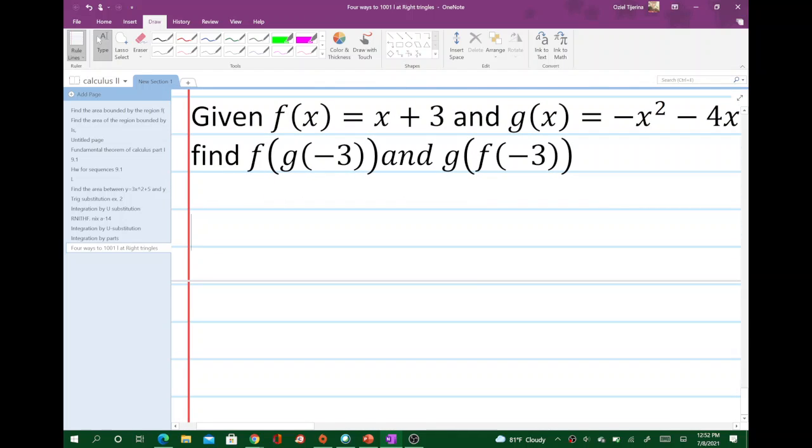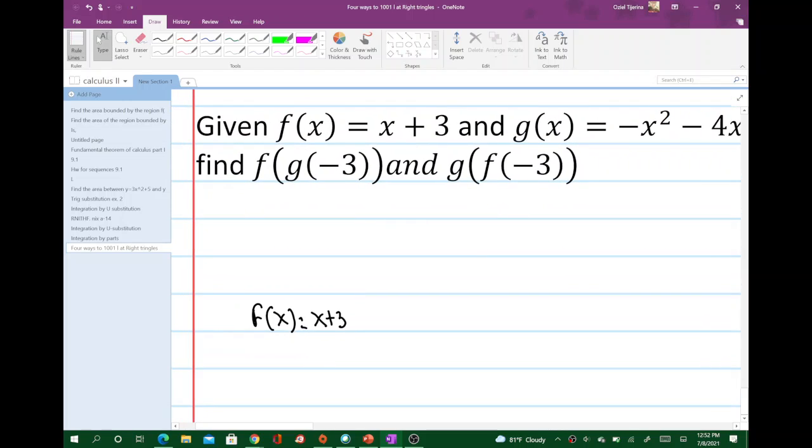I'm going to first write down f of x. Okay, I have f of x equals x plus 3. This is a function. The main idea here is that you go inside out, okay?